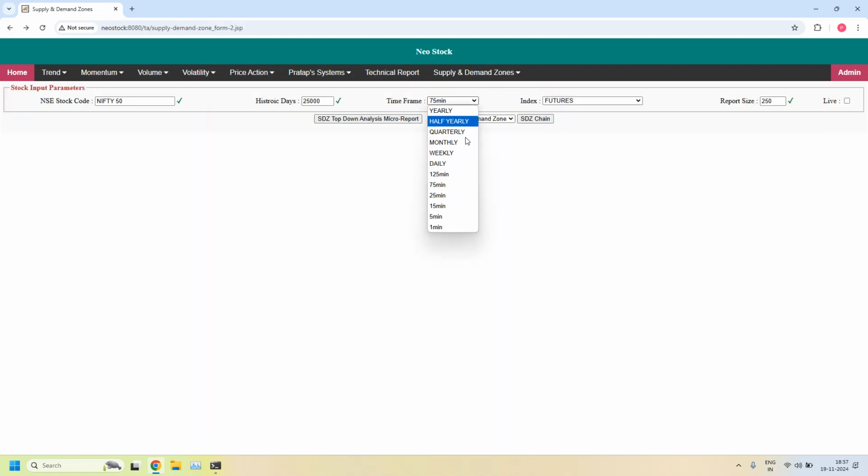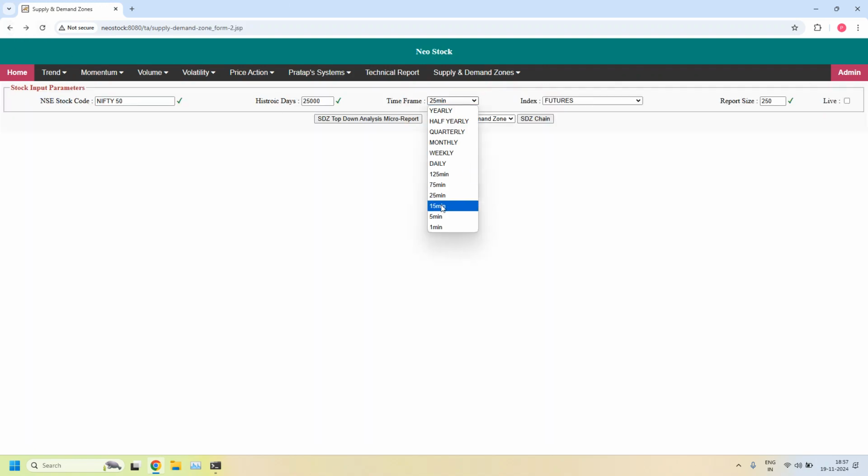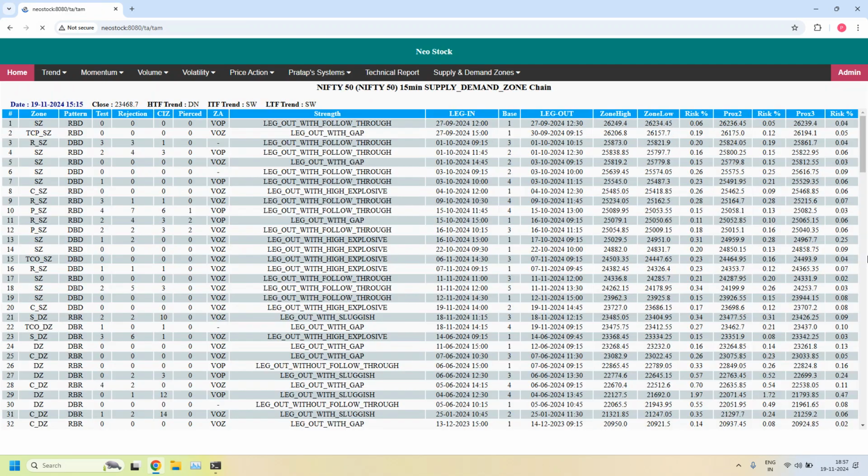Next time frame is 25 minutes. 25 minutes supply demand zone chain for NIFTY. Next time frame is 15 minutes. 15 minutes supply demand zone chain for NIFTY.